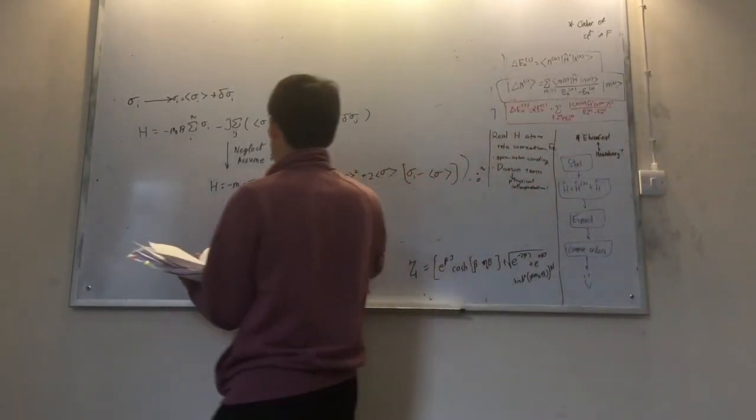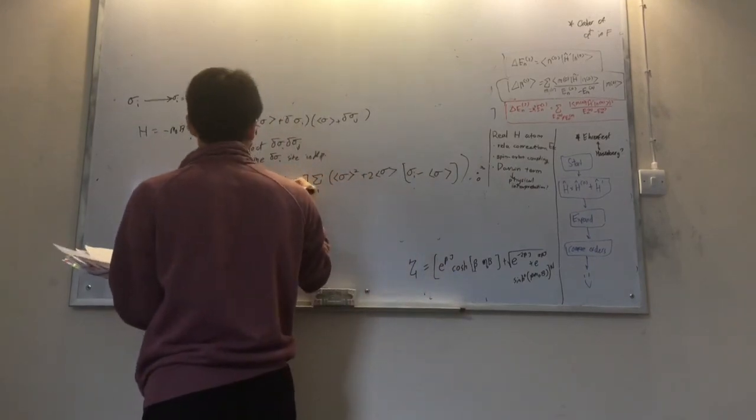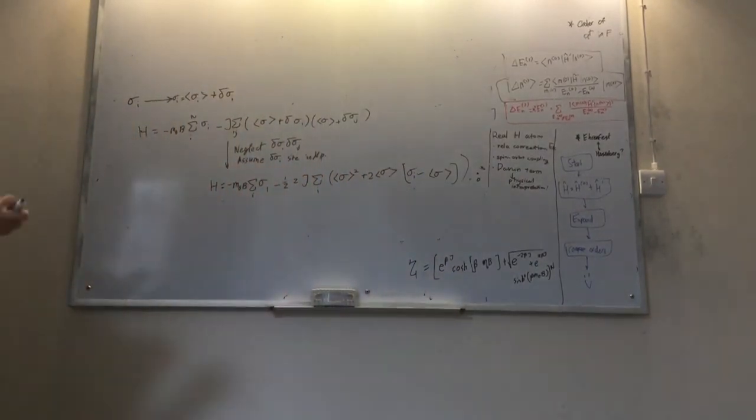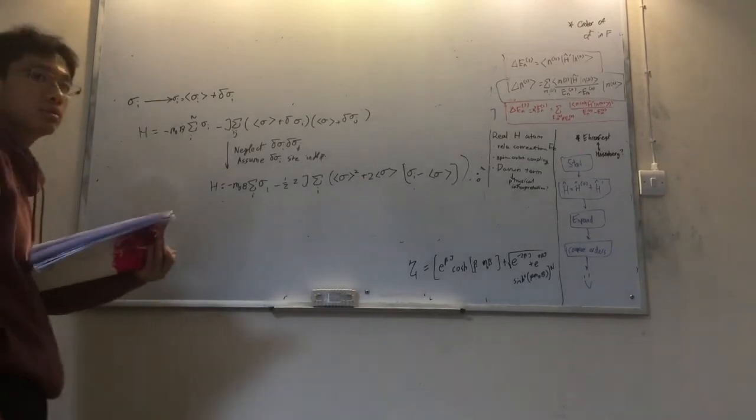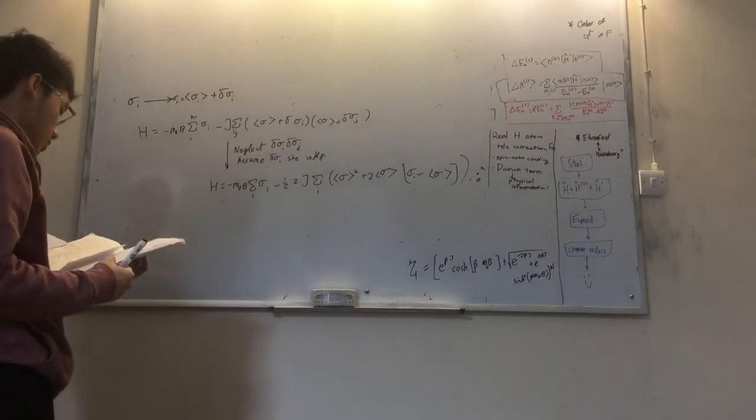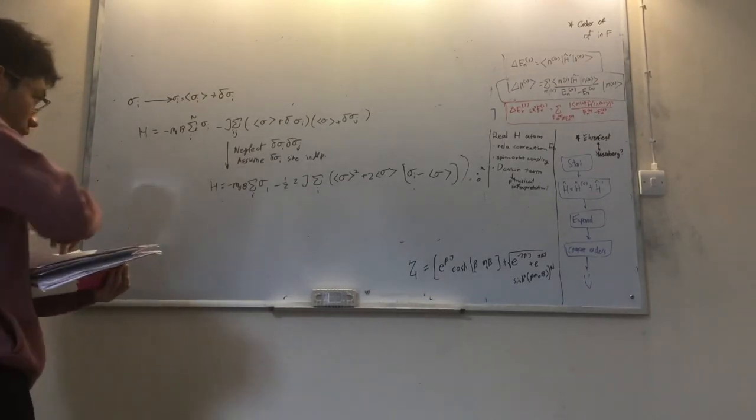I just rewrite this. Z is the coordination number, and the half avoids double counting.